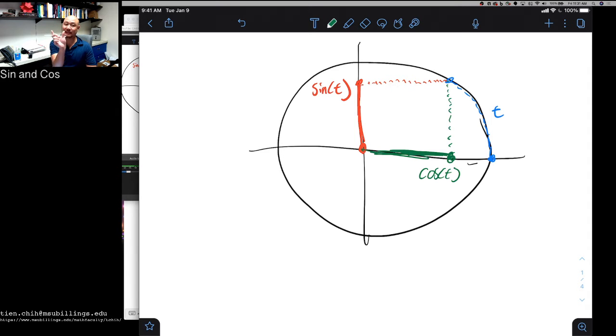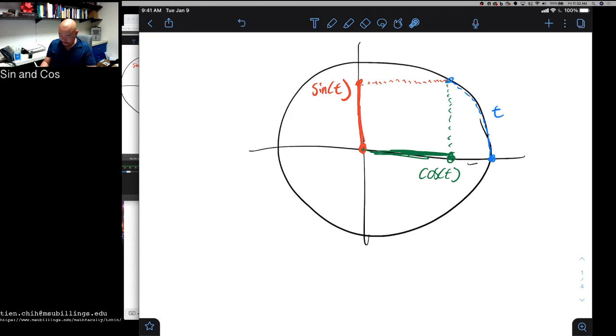So cosine of t is how far either forward if it's positive, or back the other way if it's negative, that your position is after traversing, again, t units, right?